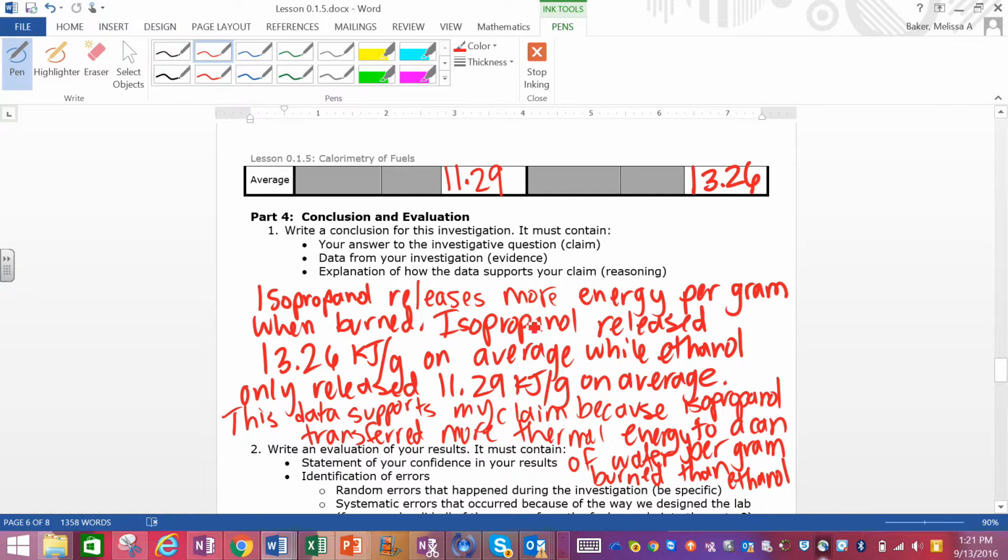So I'm giving my explanation a little bit further there, that we were measuring the transfer of thermal energy to water in this lab to explain my reasons.